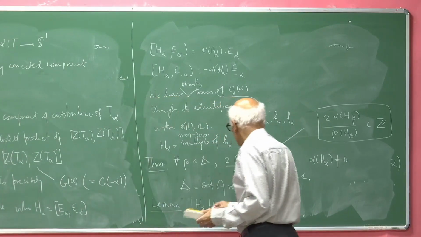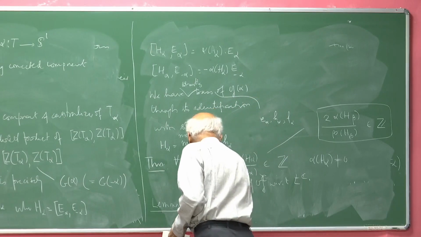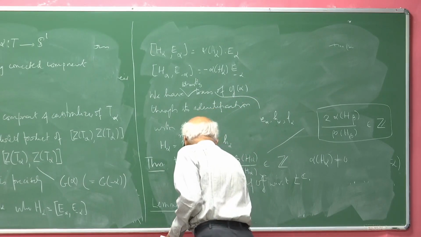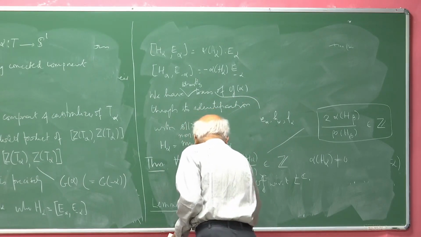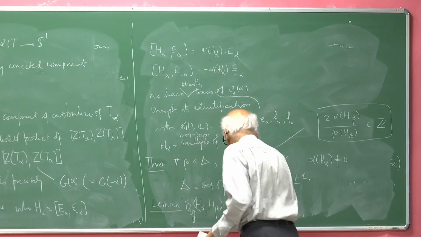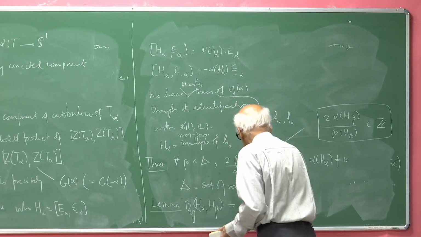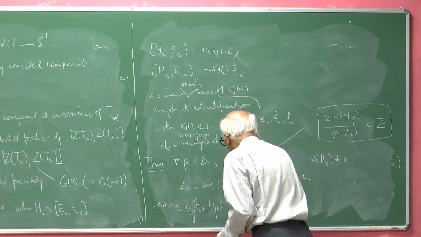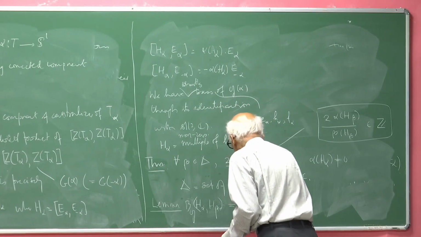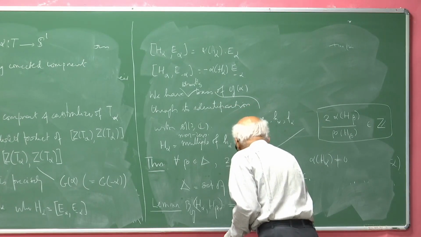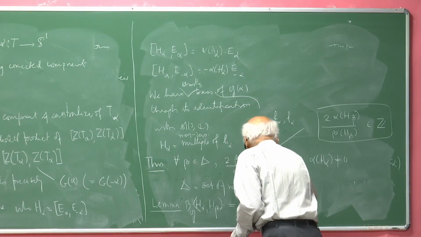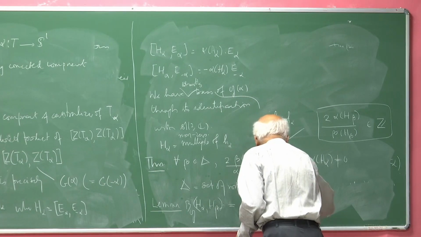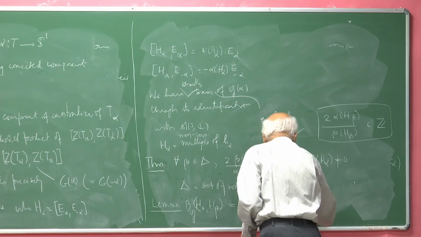Okay, so the lemma we proved last time: the killing form of h alpha and h beta is nothing but alpha of h beta, which is also equal to beta of h alpha. Why is this?